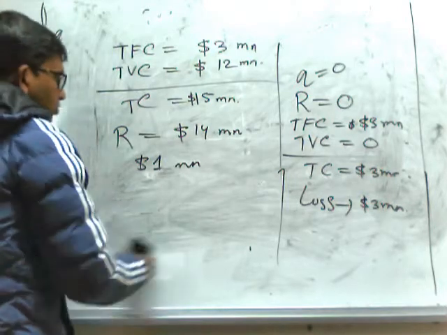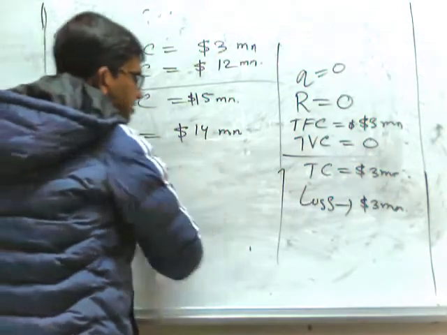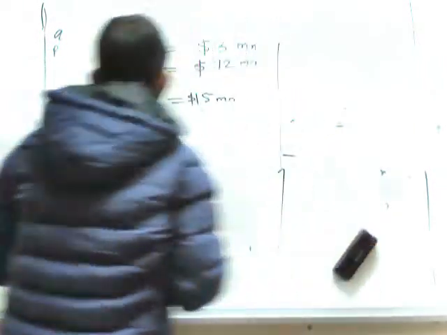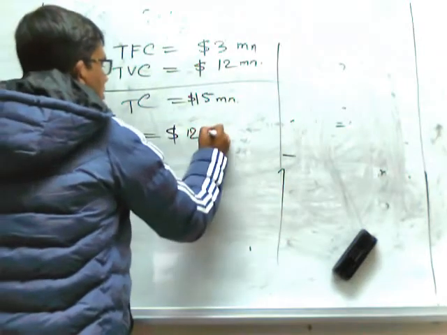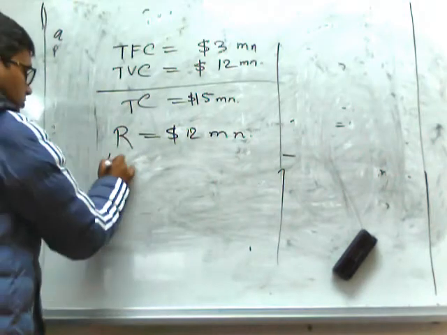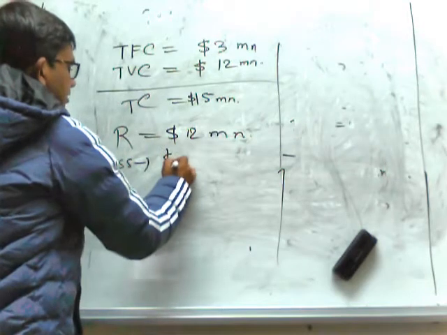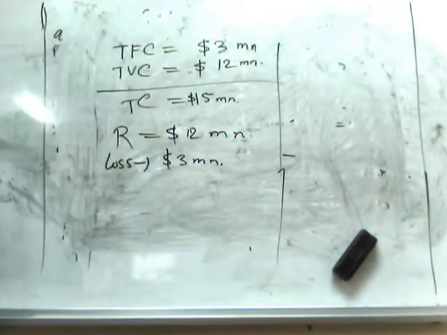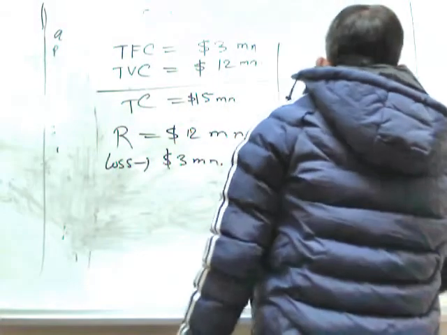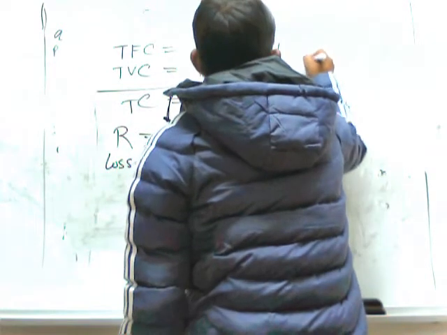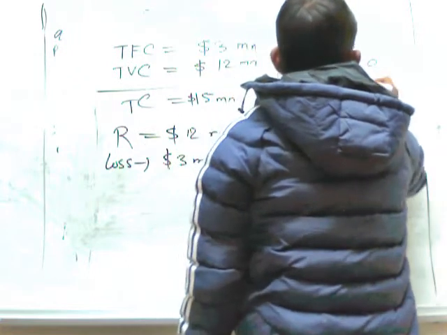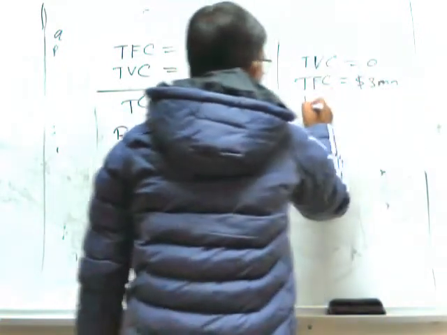Now, second, in the same case, let us consider the revenue is also $12 million. So in this case, what will be the loss of the firm? The loss will be $3 million. But now consider what will happen if the firm leaves: TVC equals 0, TFC equals $3 million, and total revenue 0.